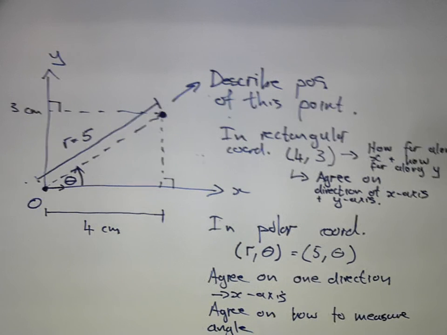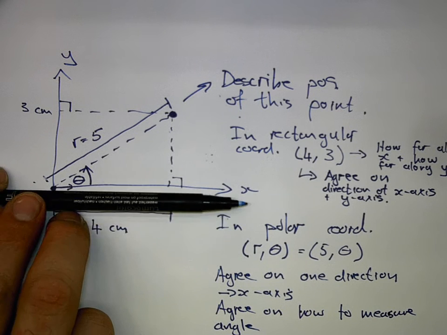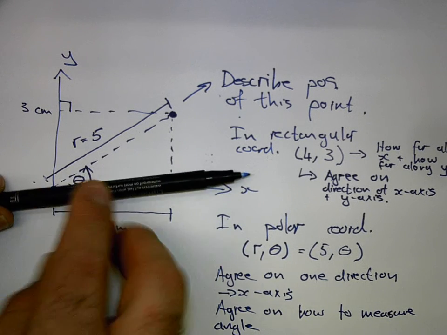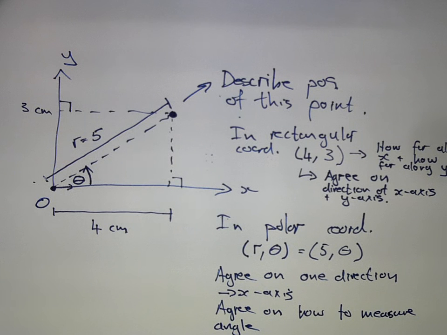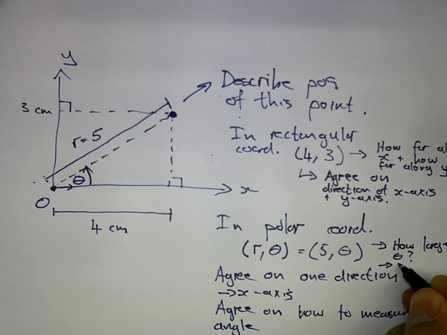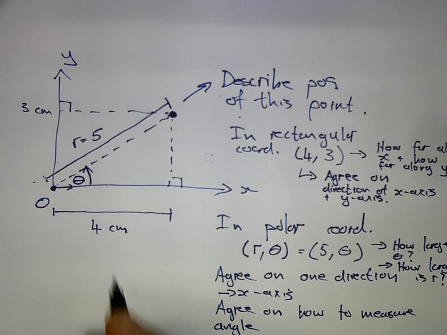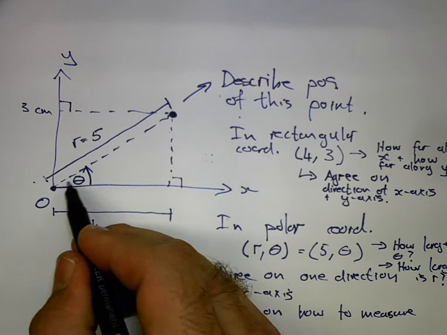Once we've got our x-axis, we can decide to measure our angle anti-clockwise or clockwise. So we must agree on whether we are always going to measure our angles counterclockwise, or always clockwise. Once we've agreed on that, in this case counterclockwise, then we just need two magnitudes. So the only information we need is how large is theta and how large is r. So how large is that angle and how far away in this direction must I travel?